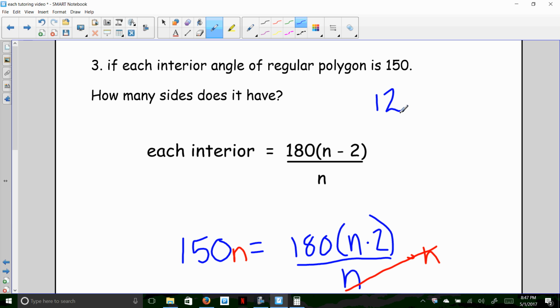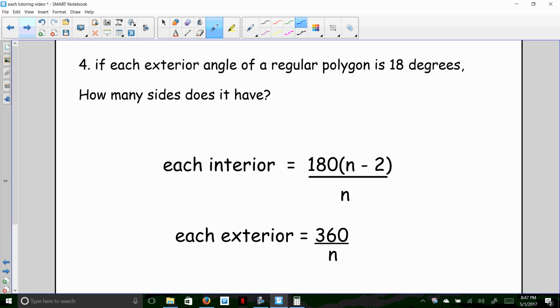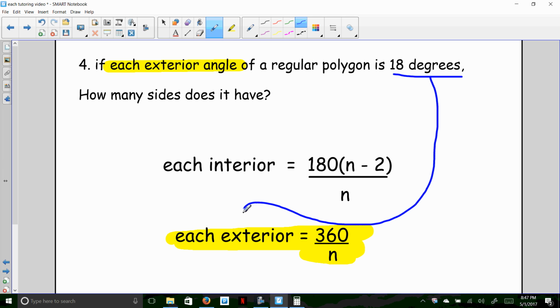All right, last one. Each exterior angle, and I'm looking at this formula right here, 360 over n, of a regular polygon is 18 degrees. That means it's each exterior angle. We're looking for how many sides, so we are solving for n.